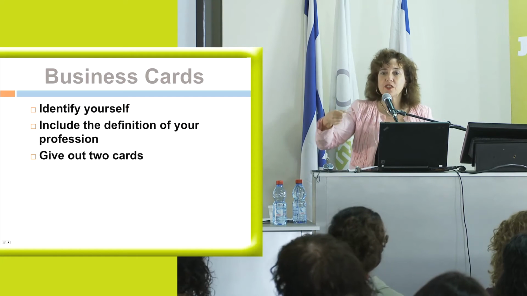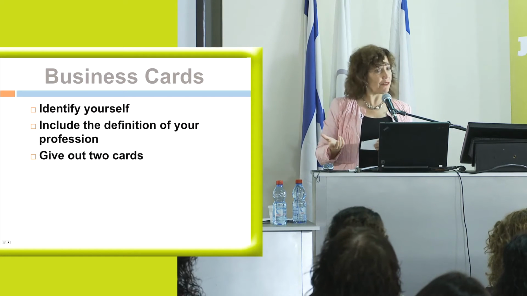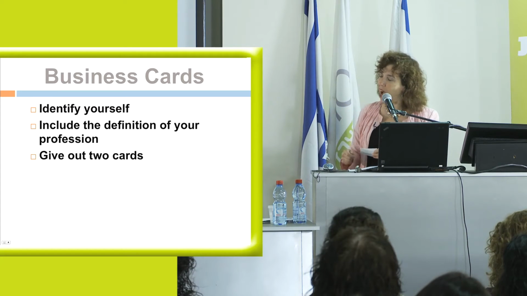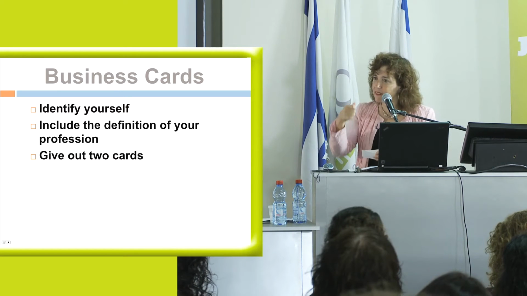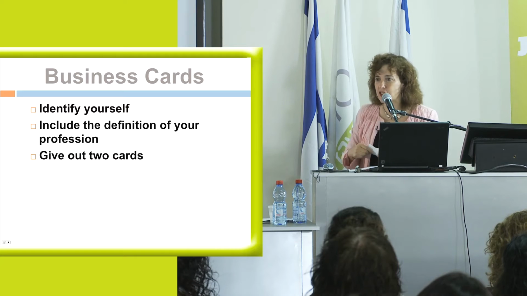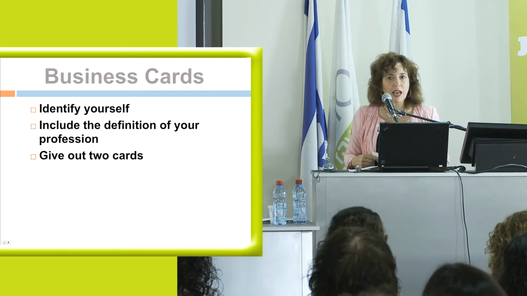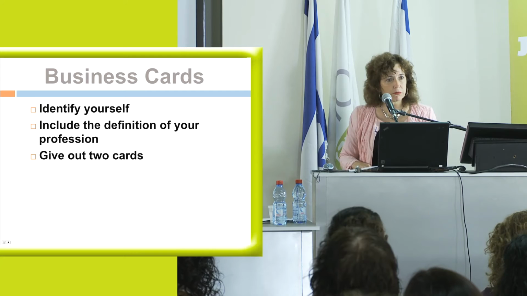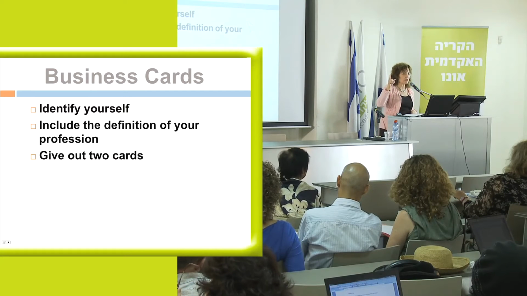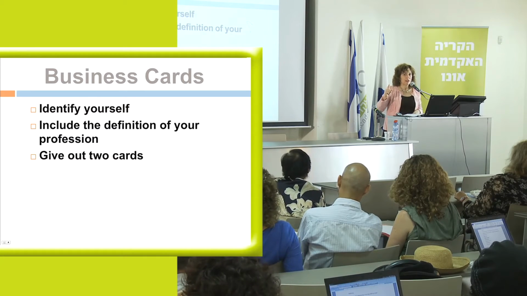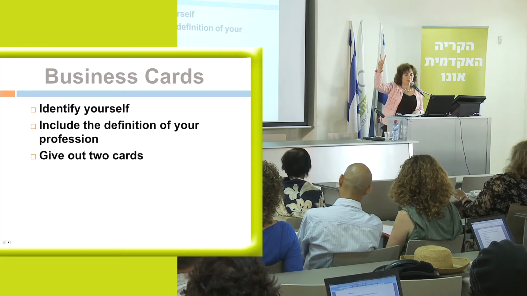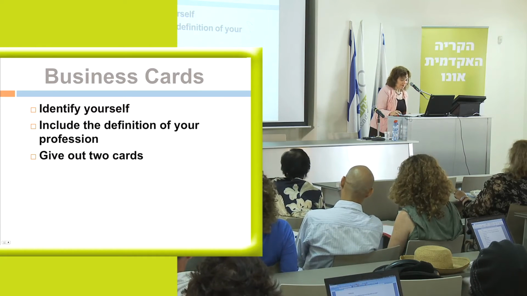It's for you to keep one, and then you're having a conversation with someone, and you say, wow, I met Elliot Saltzman, and he's doing this cool research. Here's his card. So that person has just promoted you. Okay? 2 business cards. Next time I see all of you, how many business cards are you going to give out? 2. I'll take them now, 2.